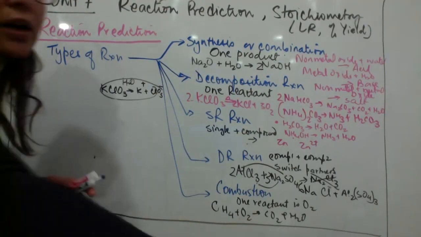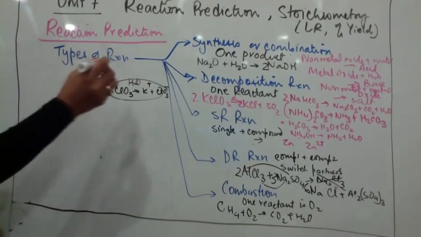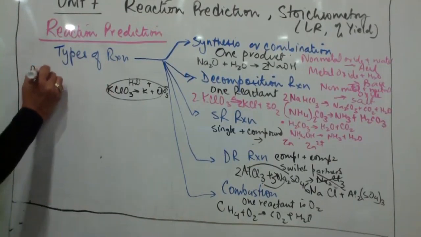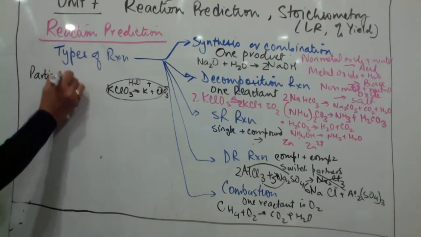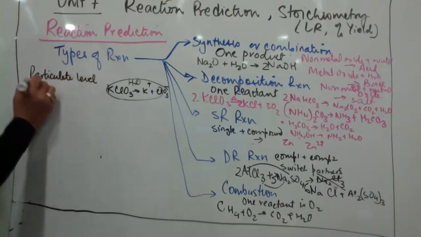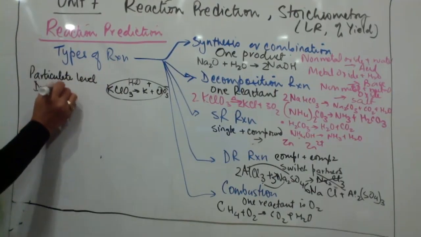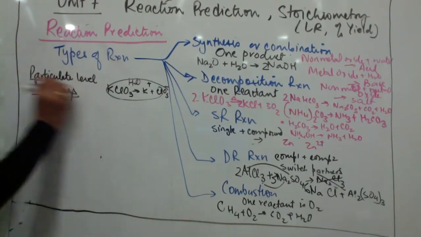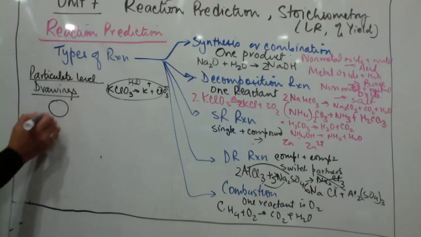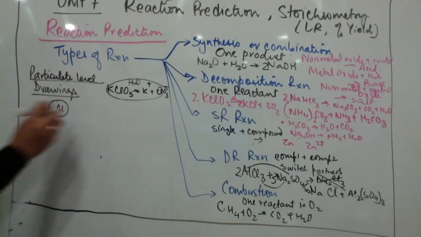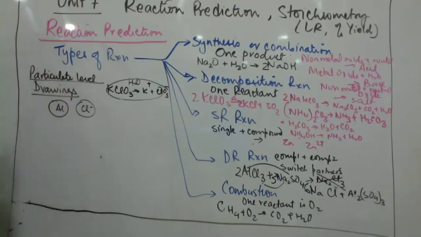Now, the second part of Unit 7 is drawing particulate level drawings. As you draw particulate level drawings, guys, I want to remind you to use circles and write atoms or ions inside them. Please do not use the other legends. It gets very confusing. Also, remember what is dissociated, you keep separate.